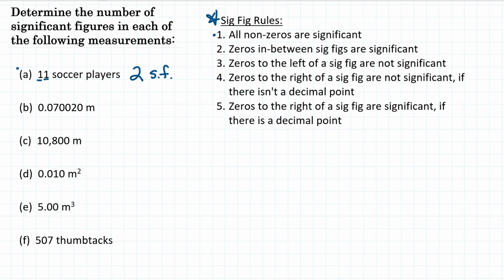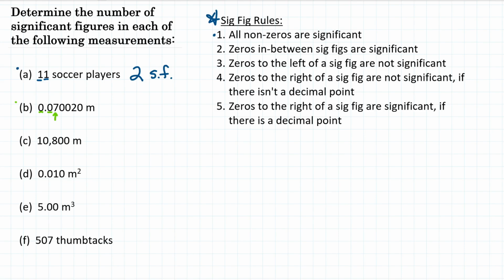All right, looking at B, we have 0.070020 meters. So lots of zeros here, and they're kind of in different spots. So this is going to be a trickier problem on average. Let's go from the left to the right. We have this first 0 here and this 0 here. Those zeros are to the left of a significant digit, because that 7 there is a significant digit because it's not a 0.